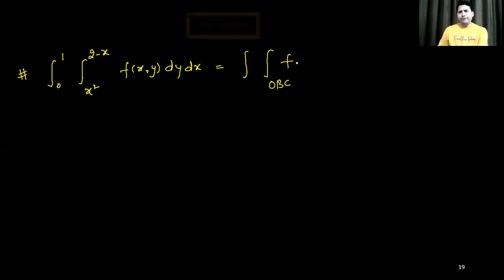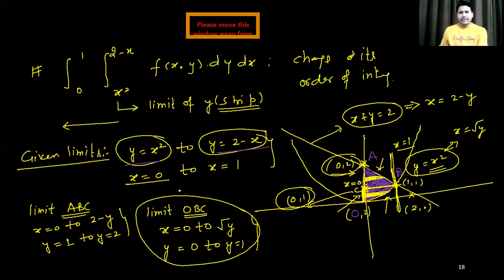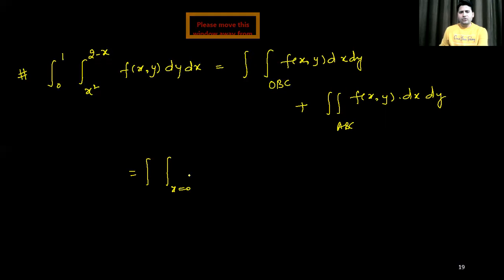OBC f of x comma y dx dy plus the second one, ABC f of x comma y dx dy. Now put the limits over here. On the first one, limit of OBC, x equals 0 to root y and y equals 0 to 1, inside f of x comma y.